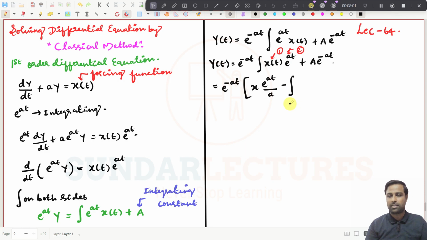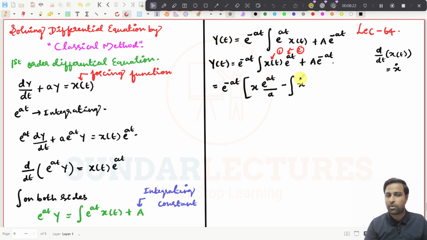That is integrating by parts, right? You keep this one, integrate the other, put minus integration, and differentiate this one. I will simply write d by dt of x of t as x dot.